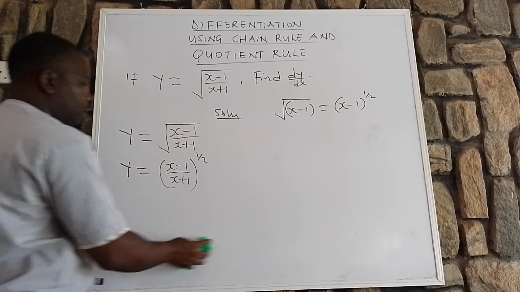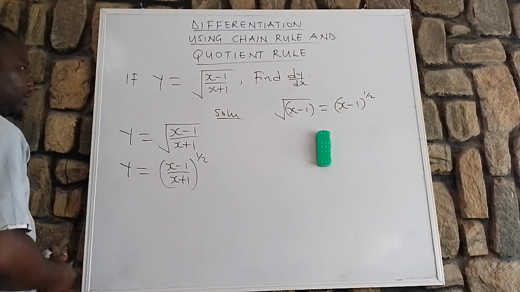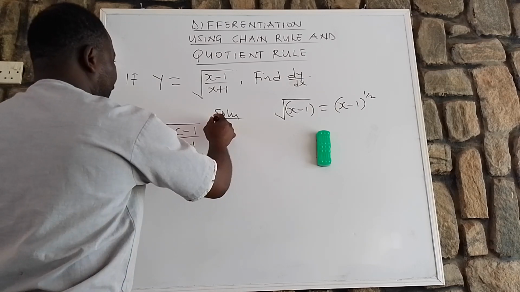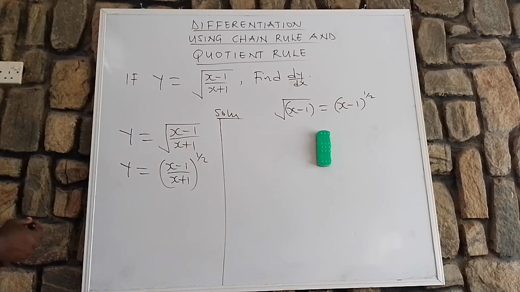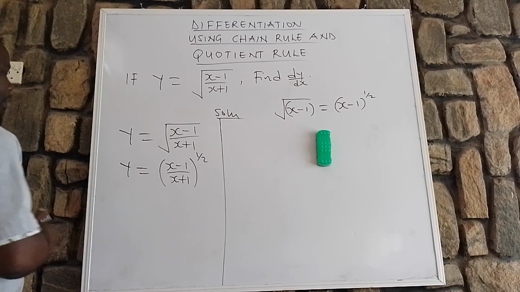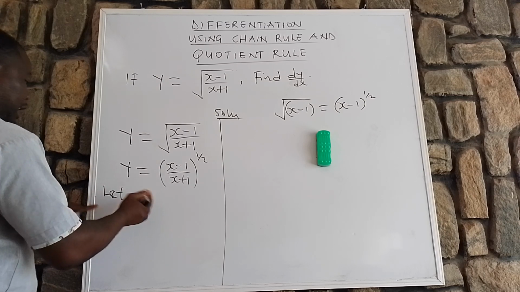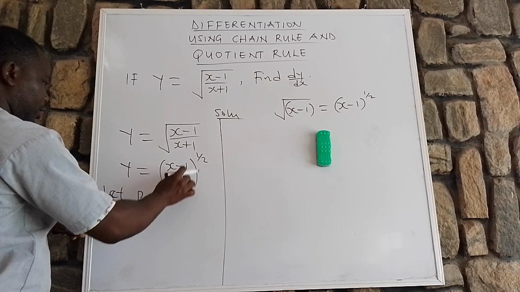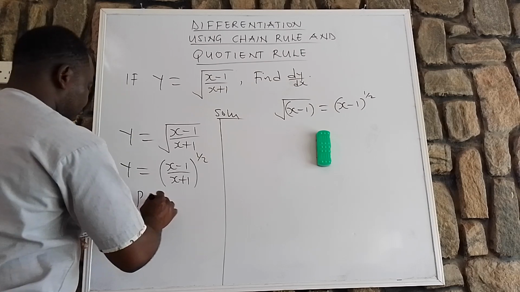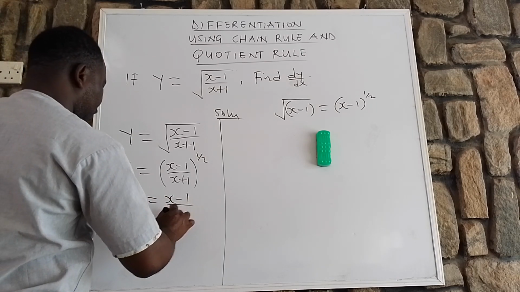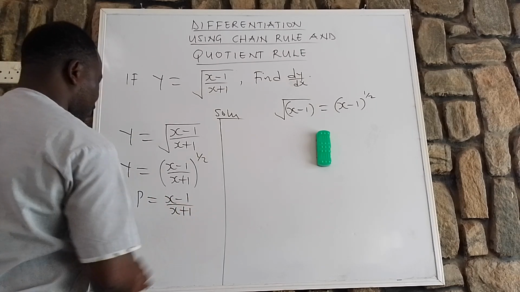Okay. So now how can we differentiate this function? Before we can differentiate, we say let p, any alphabet, be equal to what is inside this bracket, that is x minus 1 all over x plus 1.